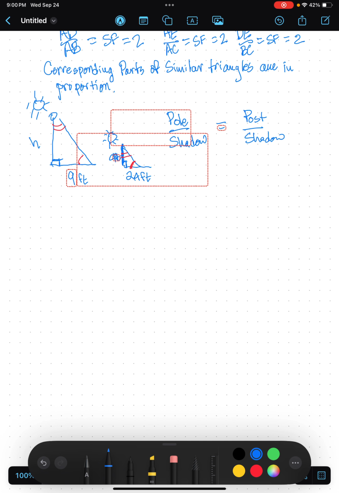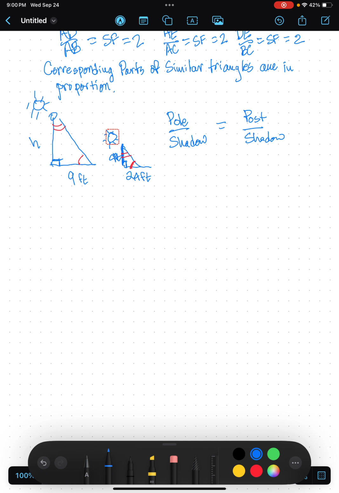Because in these two cases, the pole corresponds to the post, and the shadow caused by the pole corresponds to the shadow caused by the fence post, the flagpole and fence post, respectively. So let's plug in the things that we don't know. Remember, we have defined H to be the unknown height of the flagpole.